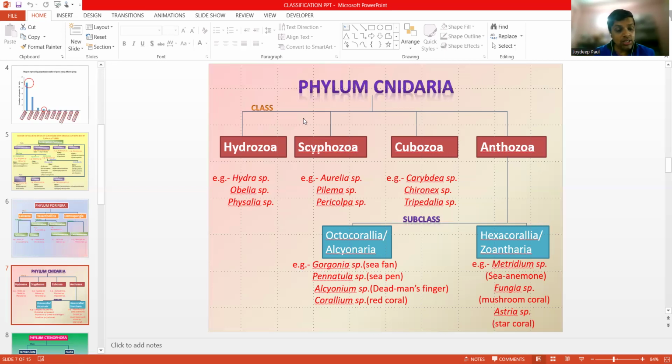Subclass 2, Hexacorallia: polyps with more than 8 tentacles and septa, typically in cycles of 12. Tentacles are hollow and unbranched. Examples: Metridium species, commonly known as sea anemone, Fungia species known as mushroom coral, and Astrea species known as star coral.